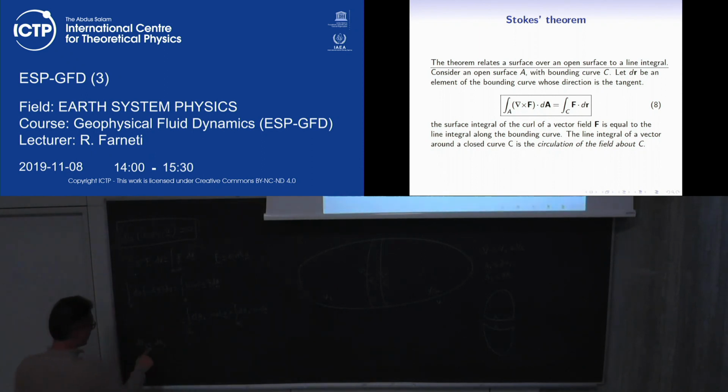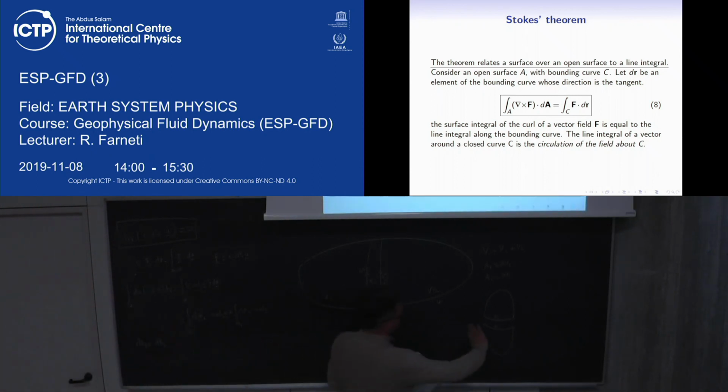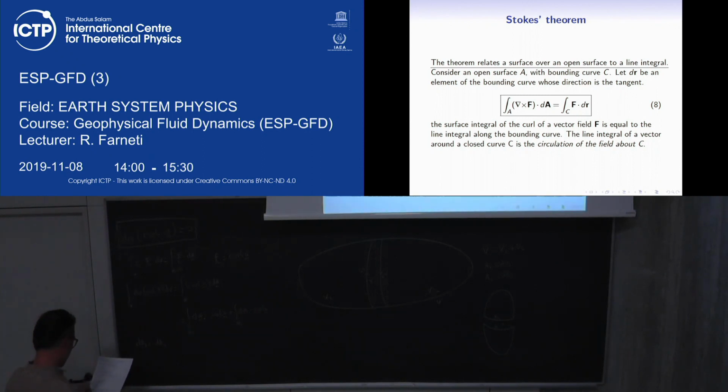So dA1 is equal to minus dA2. This is a plus, this is a minus, so the integral at the cut is equal to 0. The remaining area of the halves of the potato is bounded by C1 and C2.